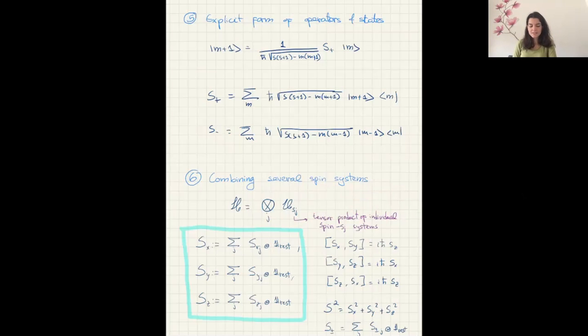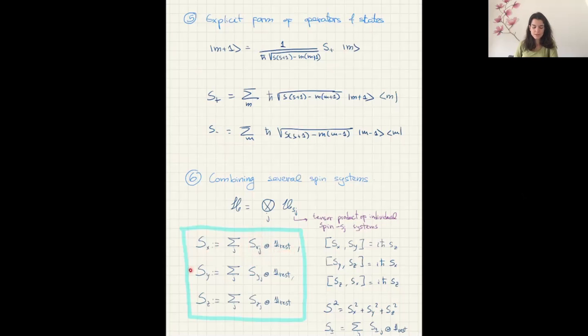So you have several systems of spin S_j. And the first thing you do is define some global operators. So we can define the global spin x as just the sum of the spin x on system j, that acts only on system j and is the identity on the rest.